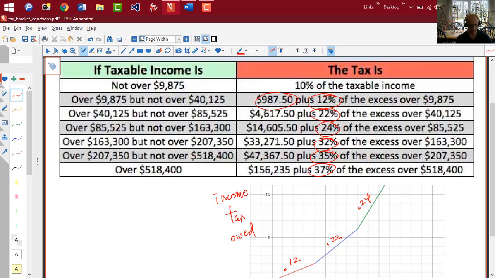And notice that right at the beginning of the 9,875 tax bracket, you've just paid 10% of that, or $987.50. Then the next tax bracket starts off where the previous one ends, but it goes up at a steeper slope.